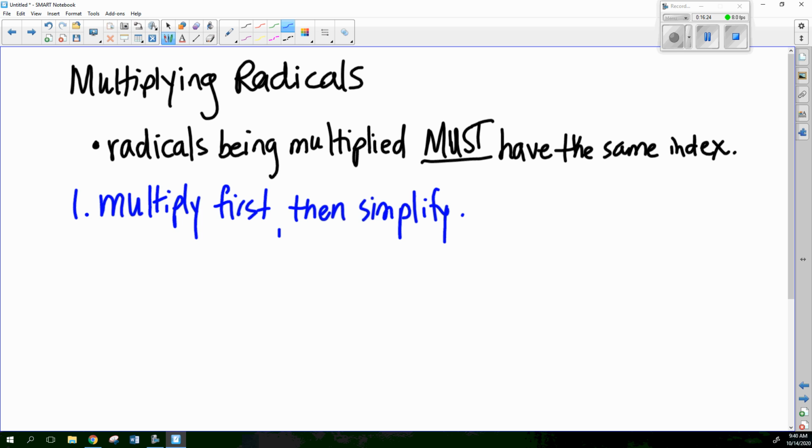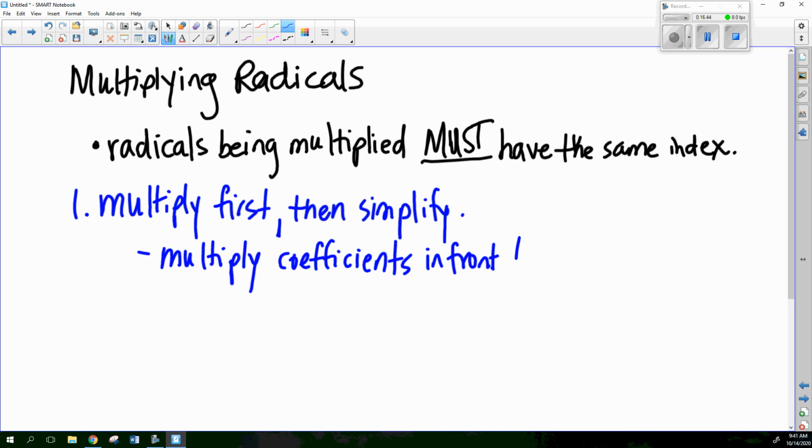Okay? So, what I mean by multiply, you're going to see it in a minute, but you need to make sure you multiply coefficients. Those are the numbers in front. Coefficients in front together. All right, and then you multiply radicals together.